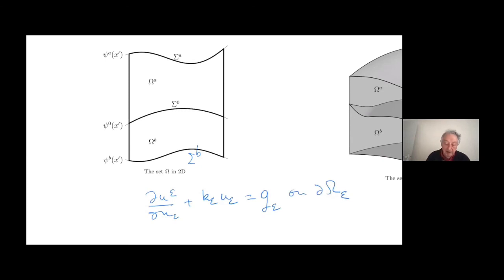Everything depends on the size of k epsilon, and also on the size of g epsilon, but this is another thing. So let me think about the case where this is 0. If k epsilon is fixed or small, no problem. If k epsilon goes to infinity, you are passing from Neumann to Dirichlet.